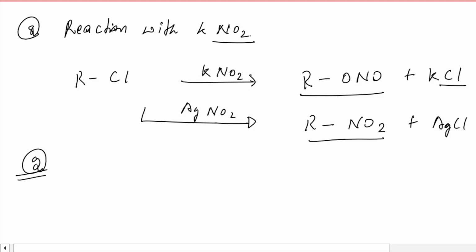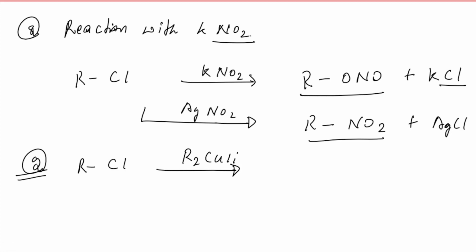Ninth one is the reaction with R2CuLi, dialkyl copper lithium. RCl reacts with it, and this yields the formation of RR' plus R'Cu plus LiCl.